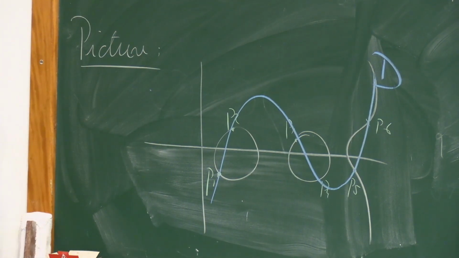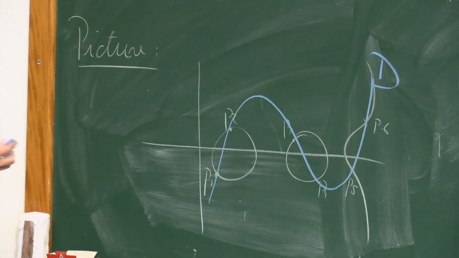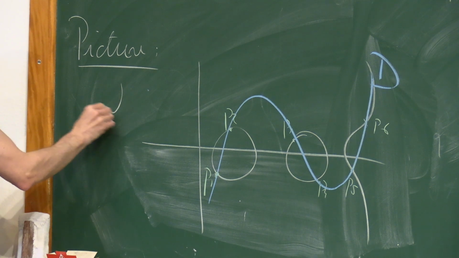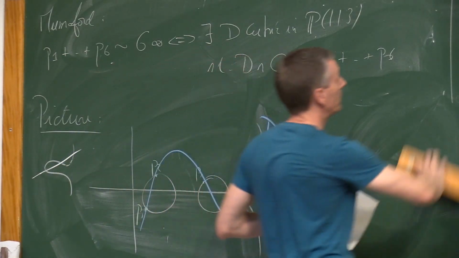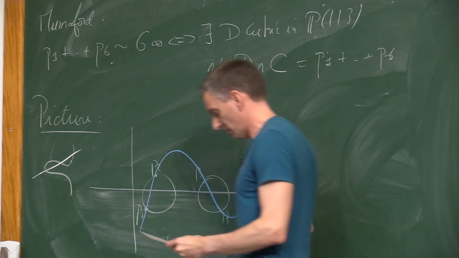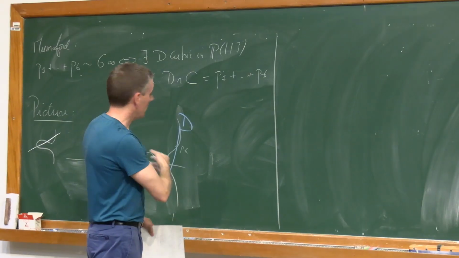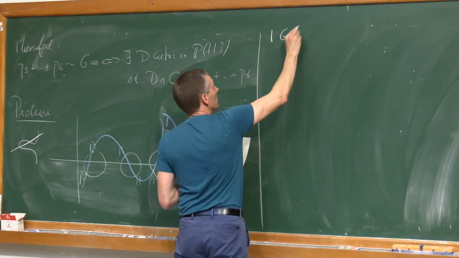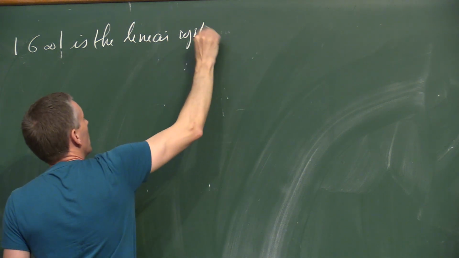And this is the concrete description of the addition law on this Jacobian. Of course, what we are doing here is exactly analogous to the addition law on the elliptic curve by lines. But here we are in the Jacobian of the genus 2 curve. They are not lines, but cubics that describe the addition law. And so what all this means is that this fiber over 0, 6 infinity, is the linear system of cubics.